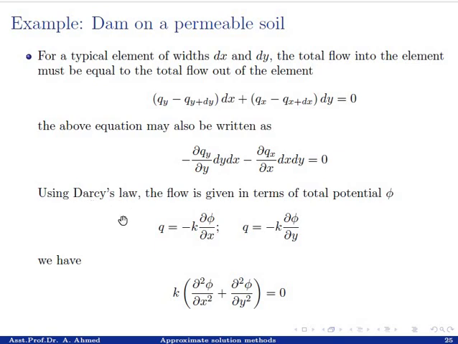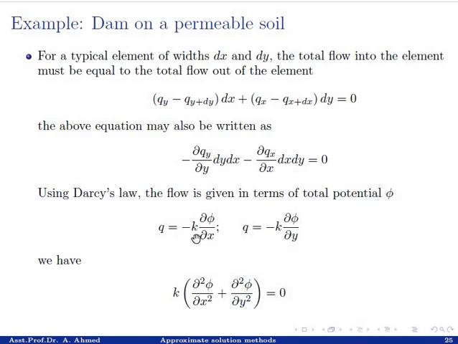Using Darcy's law for the flow and expressing it in terms of the total potential phi, where k is the permeability constant, and I'm assuming uniform permeability, Qx is represented in terms of total potential with this particular equation, and Qy, the flow in the y direction, is represented by this particular equation, equal to minus k times the change in potential with respect to y.